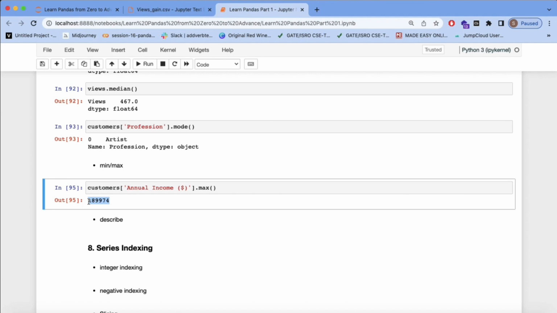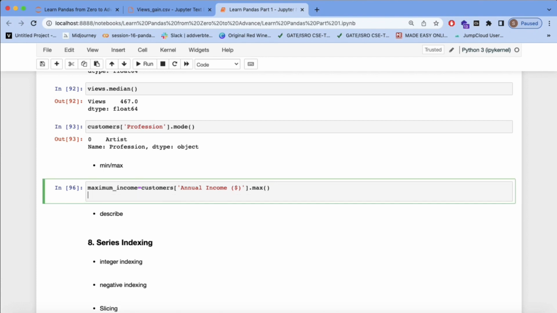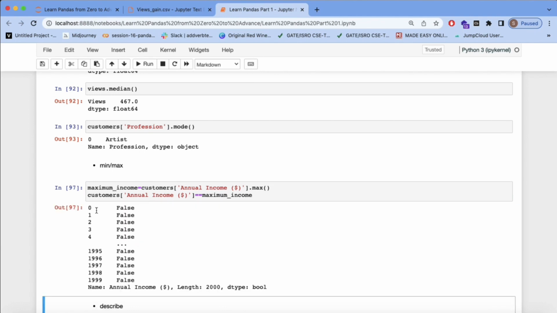I don't know whose annual income this is, but if I want to know, you just store it in one variable like maximum income. I will explain what I did here. With maximum income, you can observe that 0 is False, 1 is False.